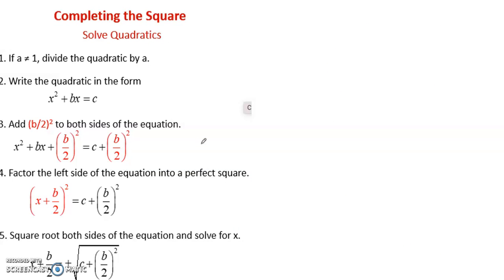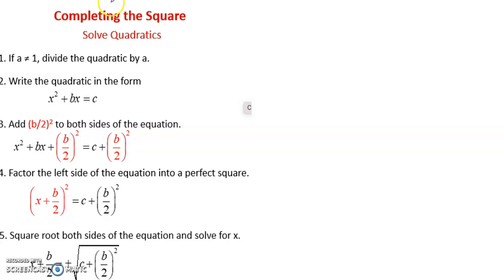All right, completing the square. Let's do an example of this here. So you want to use completing the square when you can't easily find the factors, and it is easier to rewrite it in a perfect square trinomial to solve for it.